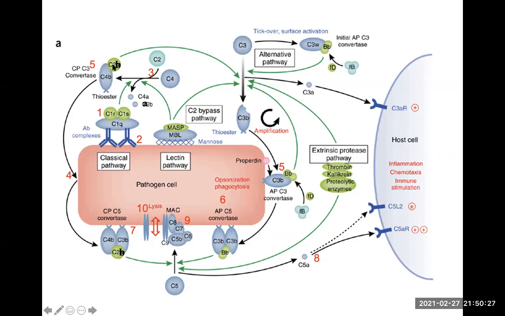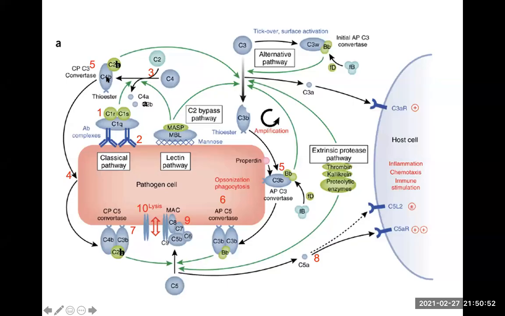If you guys can tell, the C4B and C2B are going to be bigger than the A's. So they're going to divide into a C4A and a C2A, and then a C2B and a C4B based on size. From there, you're going to use what we call a C3 convertase, which is step 5.